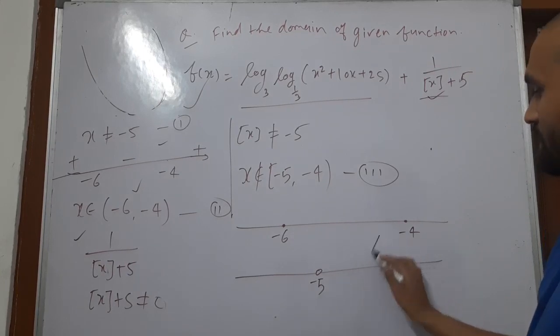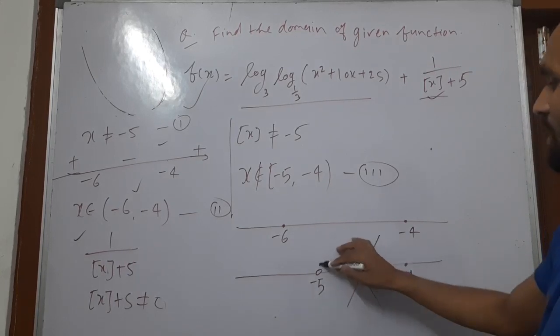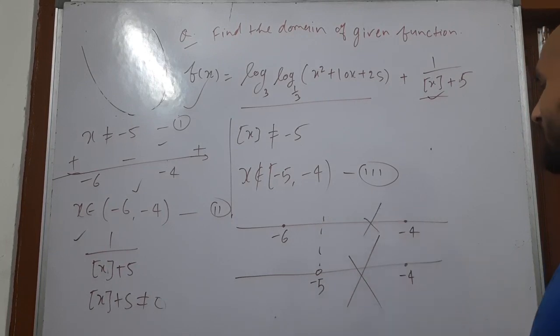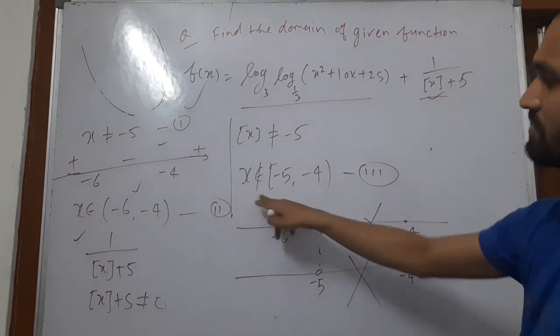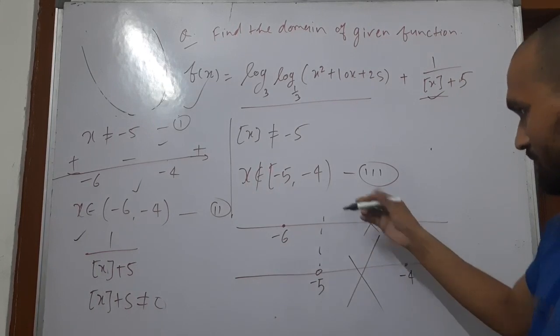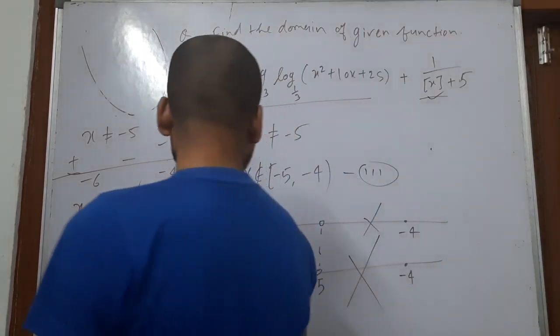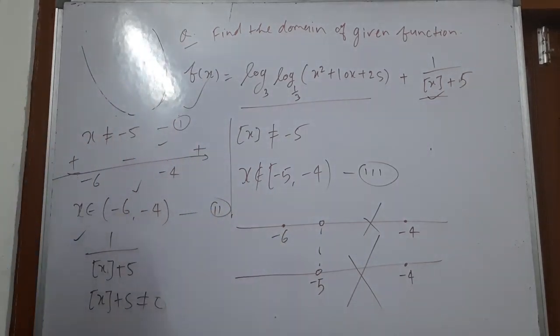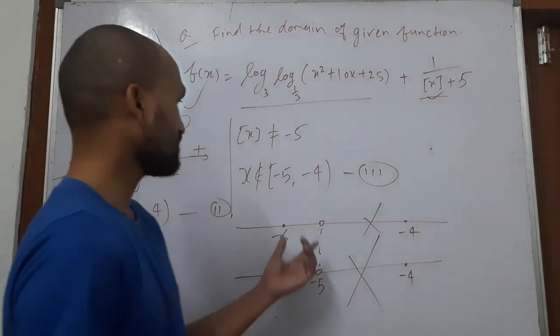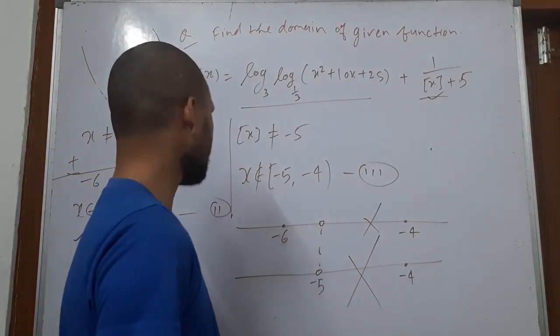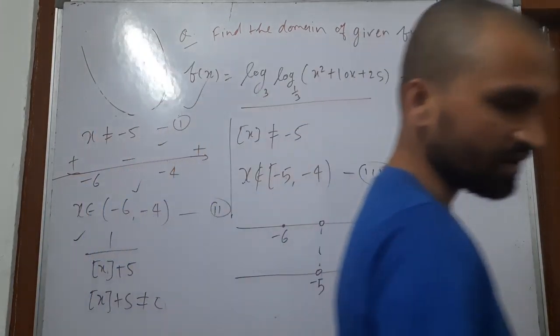This region is restricted, since x cannot belong to it. So what is our overall remaining result? That x should belong from minus 6 to minus 5.